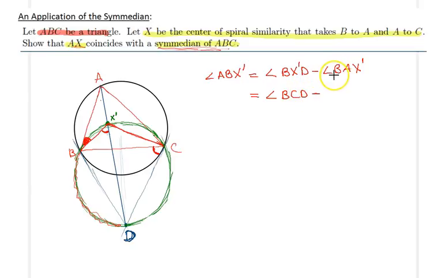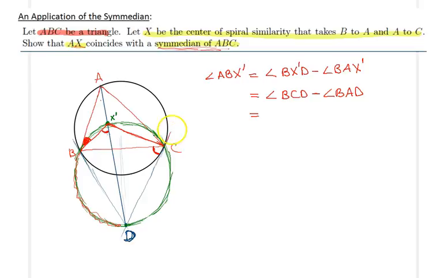In a similar way, angle BAX prime can be rewritten as angle BAD. Now BCD minus BAD: I claim angle BCD is equal to angle BAC. Why?